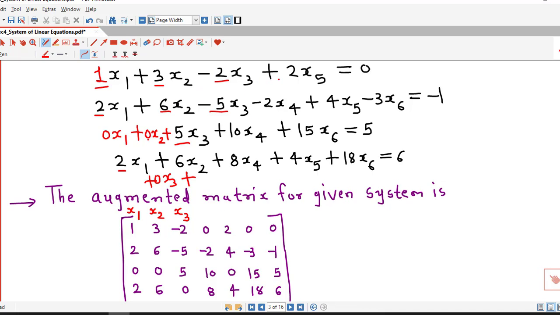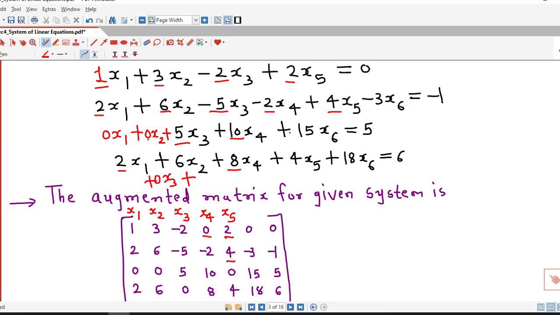Similarly, there is no x4 here, so in the first row the coefficient of x4 is 0. In the second row the coefficient of x4 is -2. Here it is 10 and 8. Similarly, coefficients of x5 are 2, 4 from the first and second row.